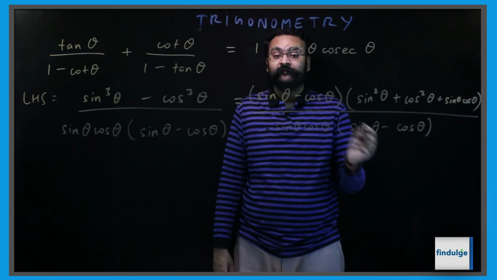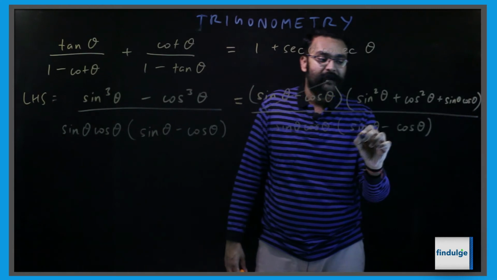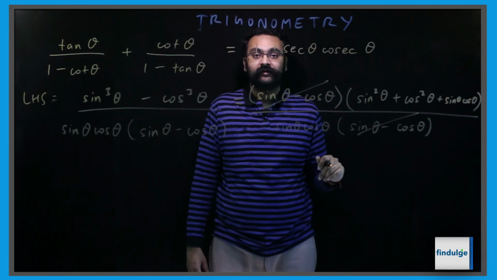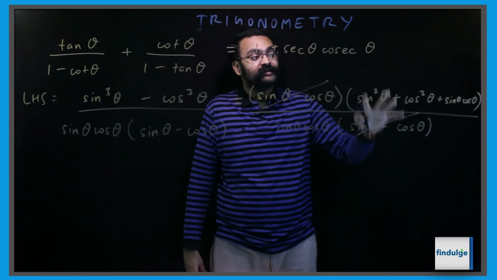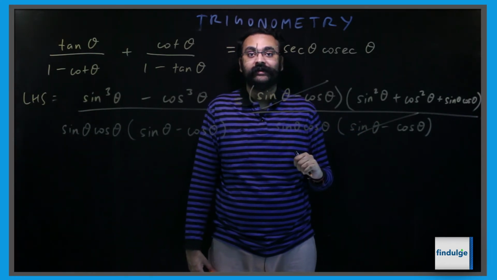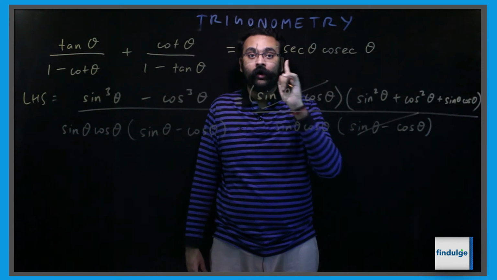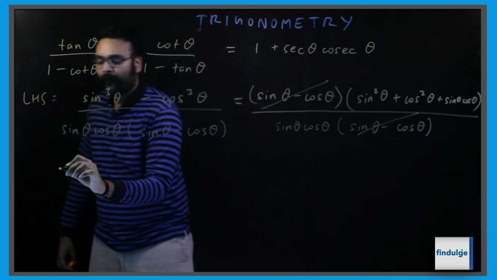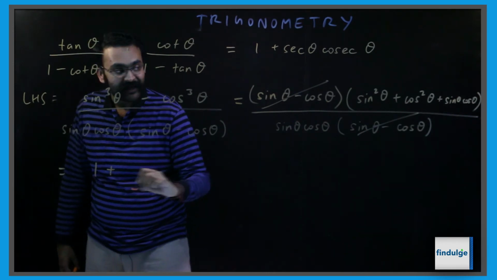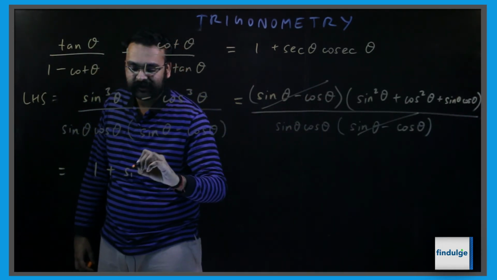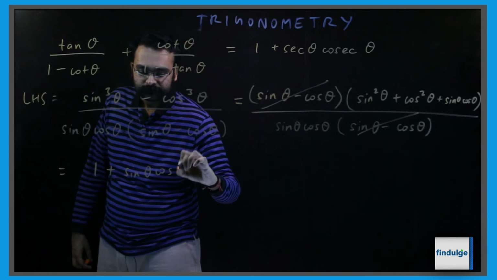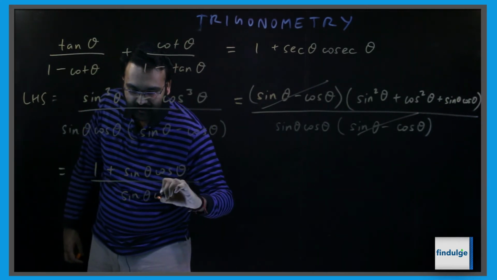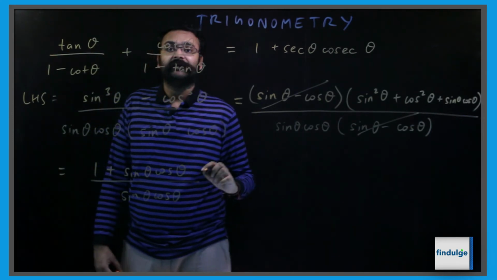Now once again, we see the benefit. Sine theta minus cos theta got cancelled. Furthermore, sine square theta plus cos square theta will be converted to 1. So this will simplify to 1 plus sine theta cos theta divided by sine theta cos theta.